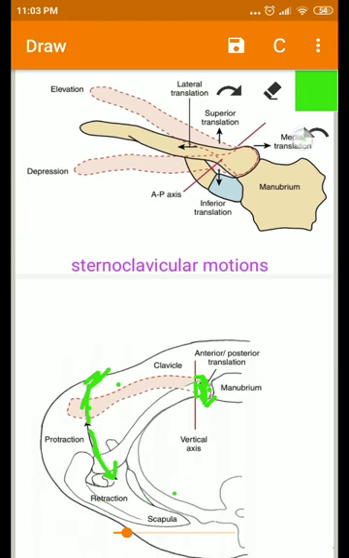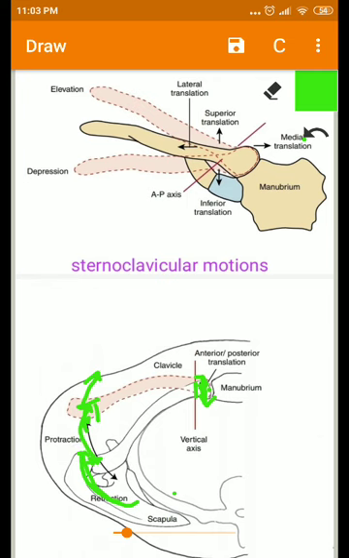If you can see here, this is the distal end of the clavicle which is attached to the scapula. During protraction, the clavicle is moving anteriorly. Because of this attachment, the scapula is pulled towards anterior.